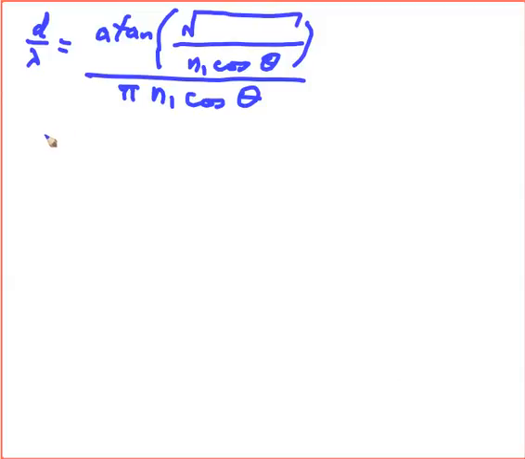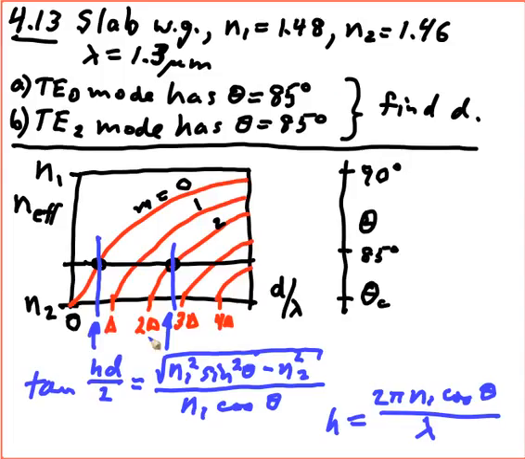And so what we can do is plug all the numbers into this equation, with n1 and theta given to us, and n2 also. And what we're going to get here is 2.49. So this is the d over lambda value for m equals 0, because remember, the equation that we start with for this whole calculation just gives us the m equals 0 curve.